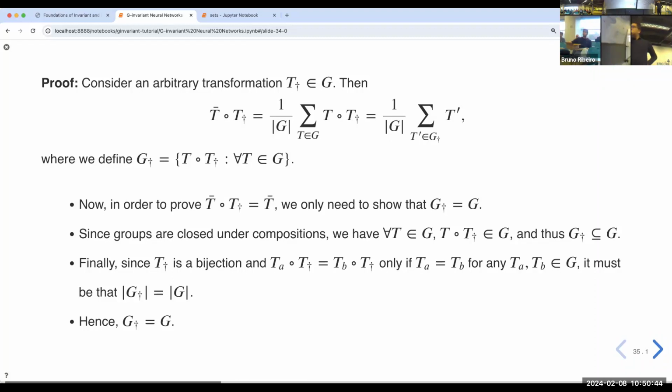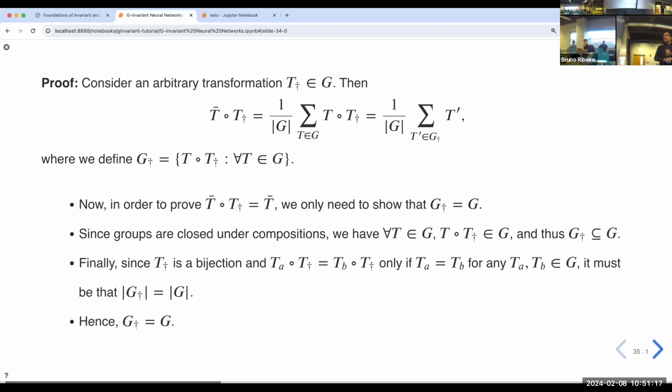Since this is in the group, and this is in the group, their composition is also in the group. I am going to call this new set G dagger, because maybe it's just a subset of the transformations in the group. Now what I'm going to show is that G dagger has the same size as G. And if they have the same size and it's a group, they must be the same group.